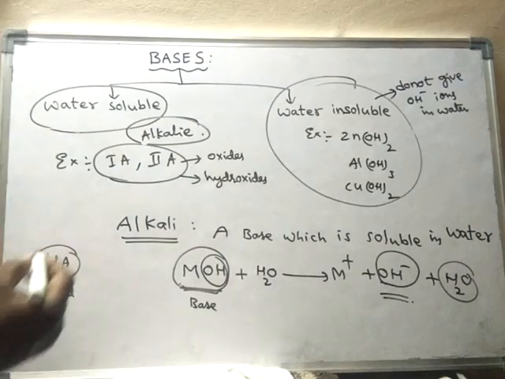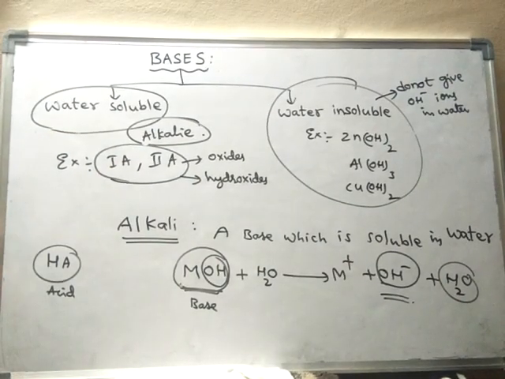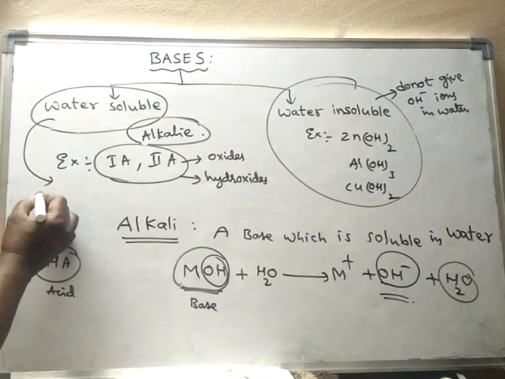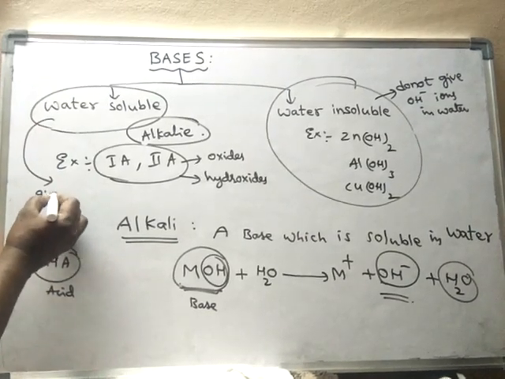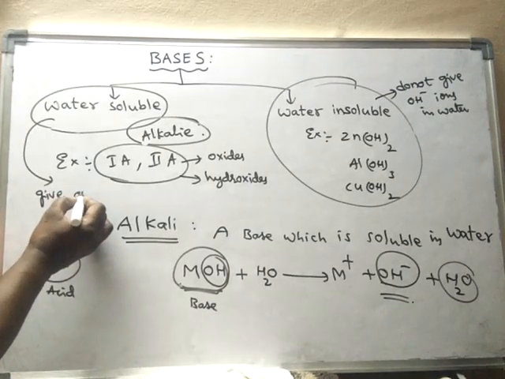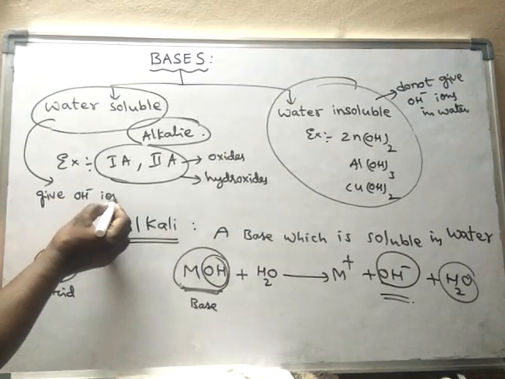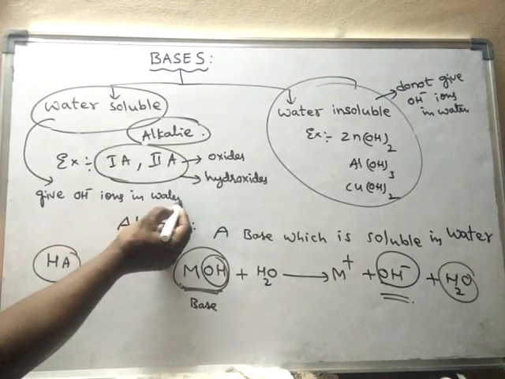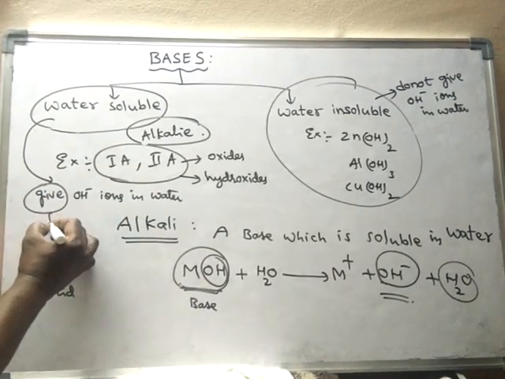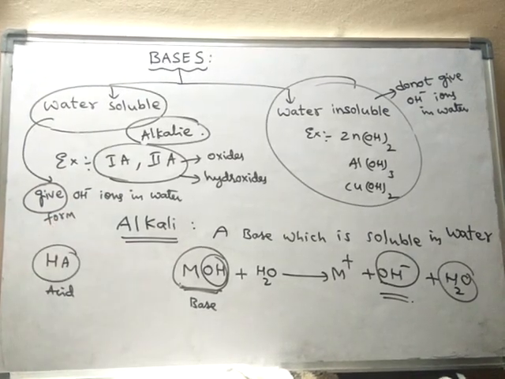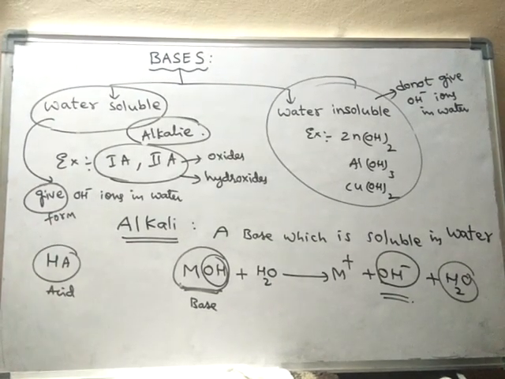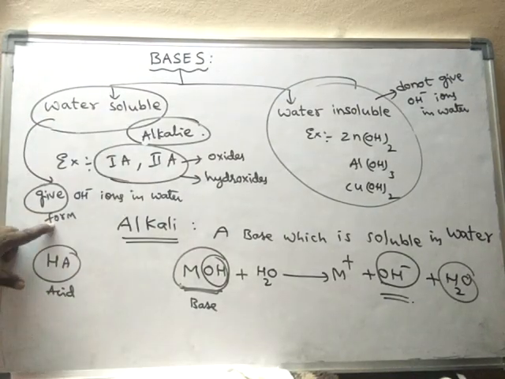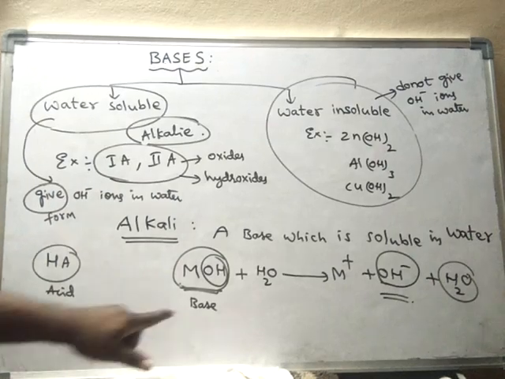Alkalis, what do they give? These water soluble bases give OH minus ions in water. Alkalis or water soluble bases form OH minus ions in water like this.